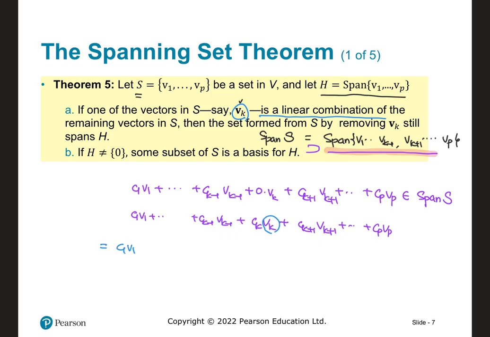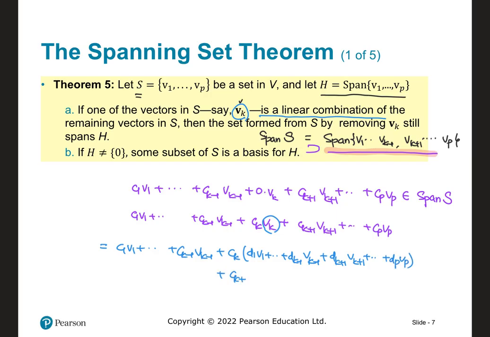So we have C1 V1 up to C(k minus 1) V(k minus 1), and this V sub k can be written as a linear combination of the other vectors, say d1 v1 up to d(k minus 1) v(k minus 1) and d(k plus 1) v(k plus 1) up to dp vp.